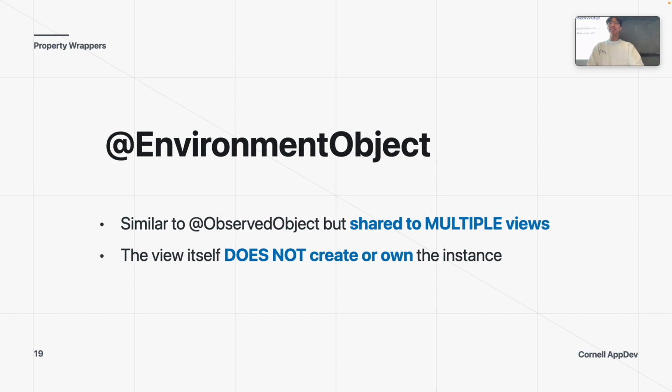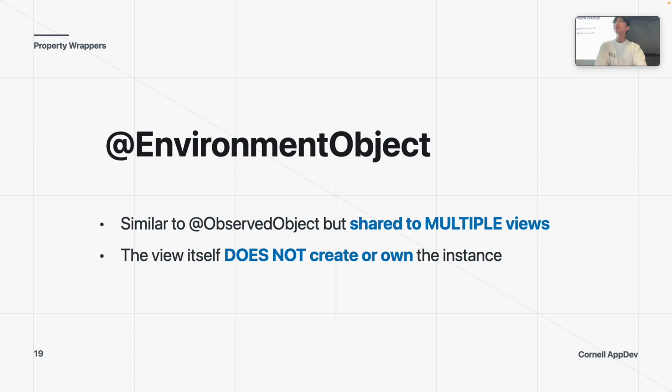In other words, it's in the environment, and it's similar to @ObservedObject, but you share it across multiple views. So if I have any view that isn't necessarily a child view of a parent view, I can use an environment object to share this property with many different views. If one of my child views updates, other child views could update as well. I don't need to pass it to them because they all share this @EnvironmentObject.